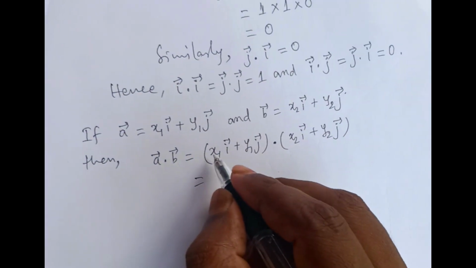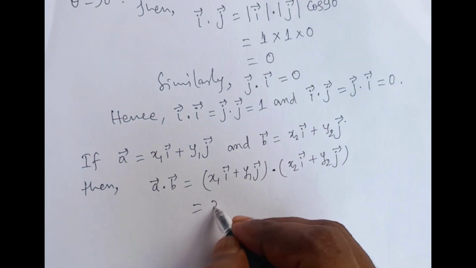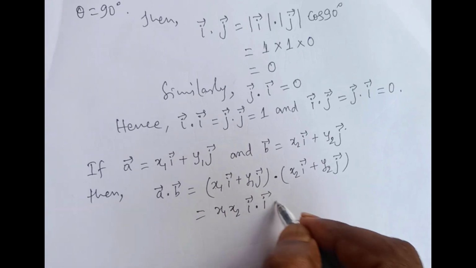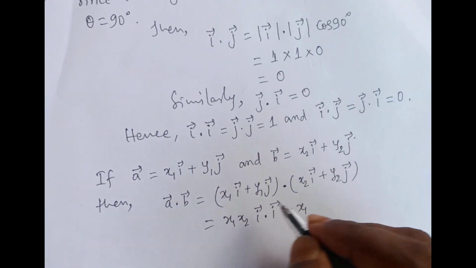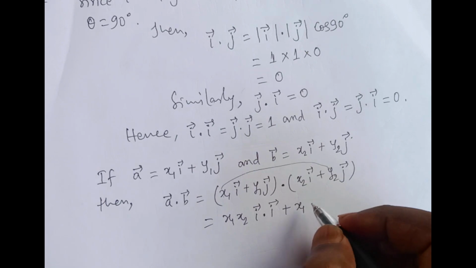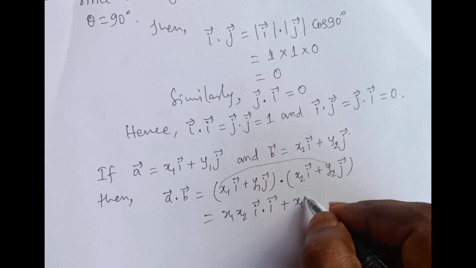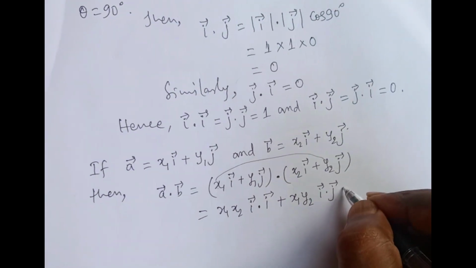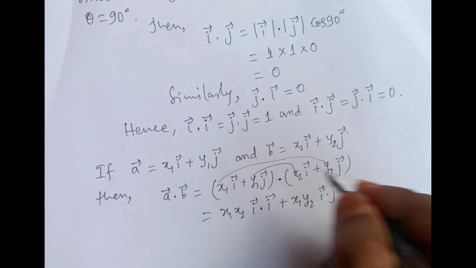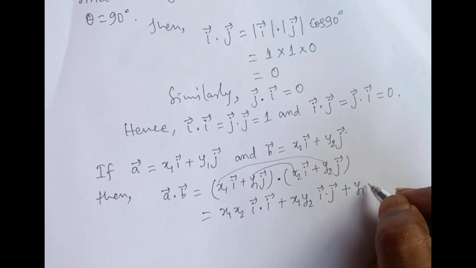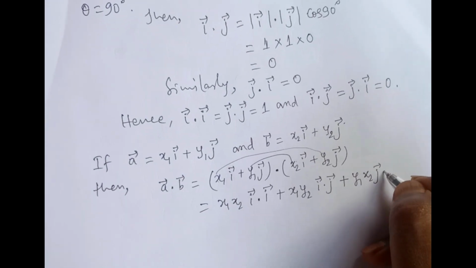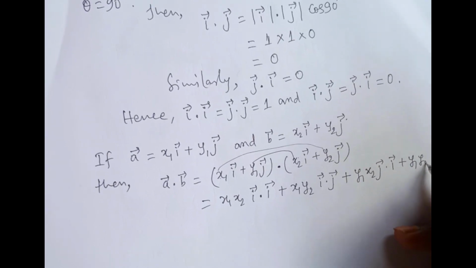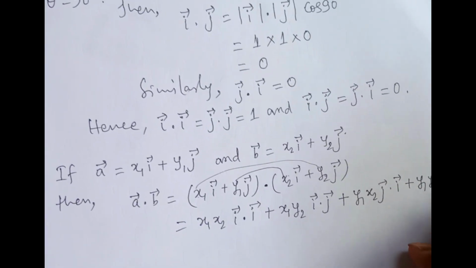Now let us multiply: x1 x2 i vector dot i vector, plus x1 y2 i vector dot j vector, plus y1 x2 j vector dot i vector, plus y1 y2 j vector dot j vector.